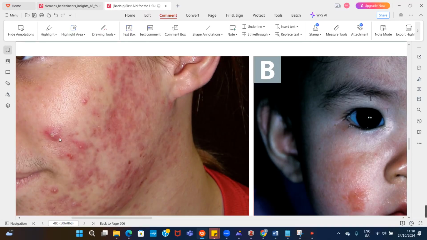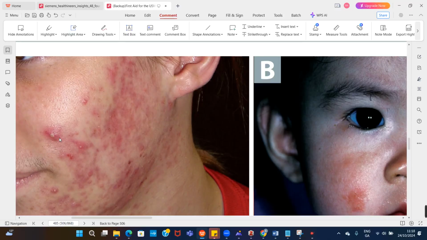Now, what happens is that once the pilosebaceous unit is entirely clogged and is not opened, it's going to form the white comedone. But once it is partially opened, there is an opportunity for air to come in, and you have oxidation. When those contents oxidize, they become blackish.